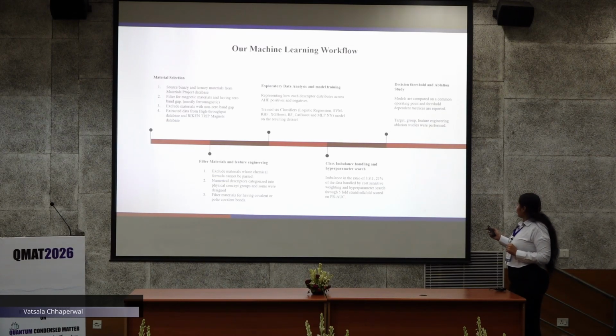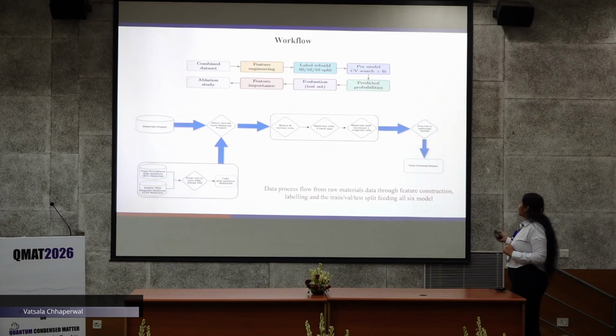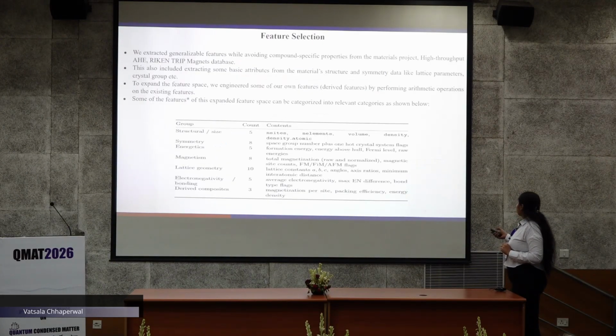Then we used a decision threshold of 0.5, and later performed the ablation studies, where we did target group studies and feature engineering ablation studies. This workflow was already discussed by me in the previous slide.